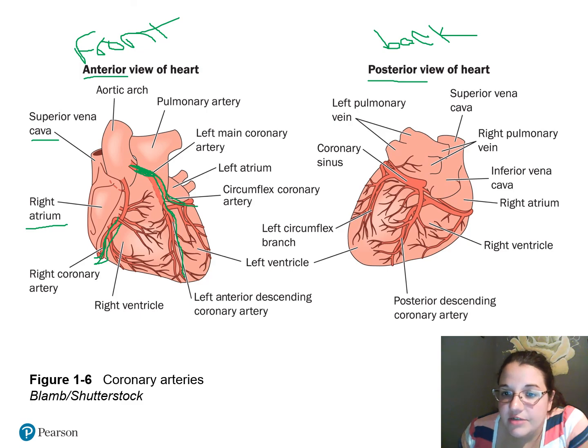In the posterior view, you'll notice your PDA, your posterior descending coronary artery, right here. And you're going to have your circumflex right here, your left circumflex right here. Okay?